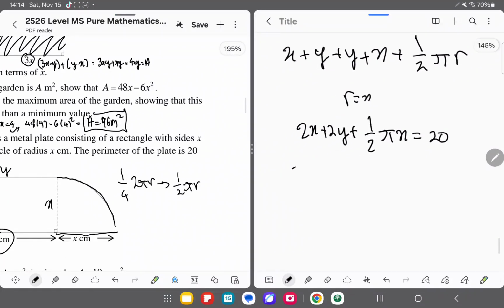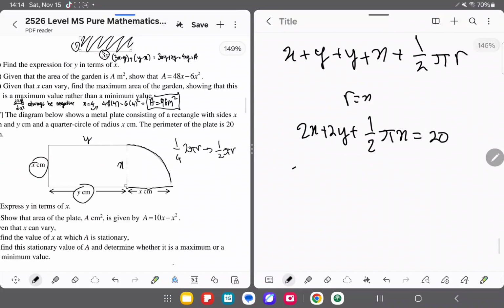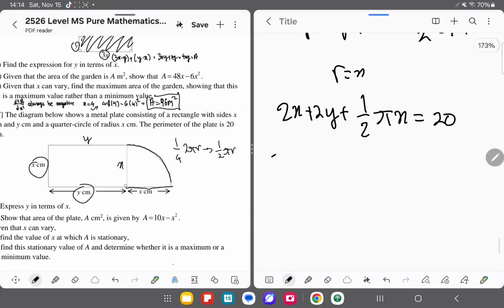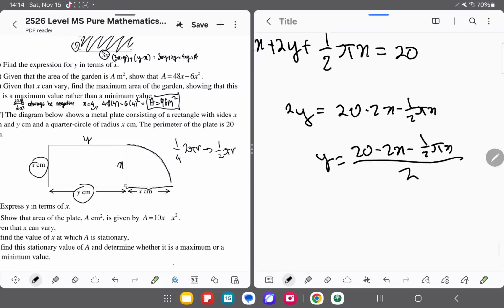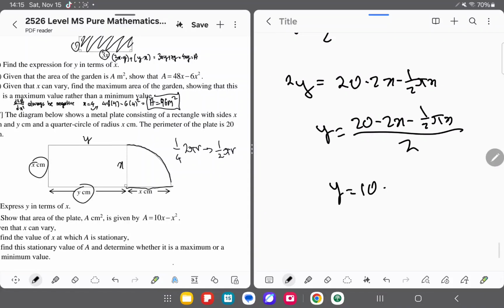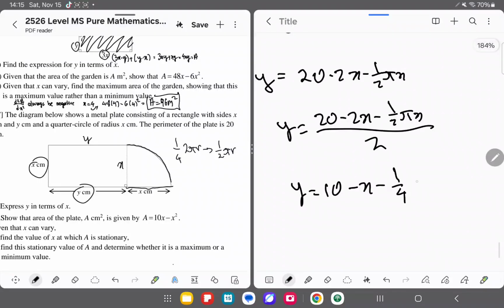Okay, and now they're first asking us to find y in terms of x. We must isolate y. 20 minus 2x minus 1 over 2 pi x is equal to 2y. Then we'll just divide by 2. We get y equals 10 minus x minus 1 over 4 pi x.